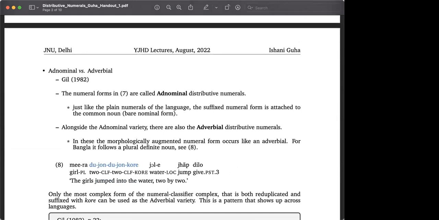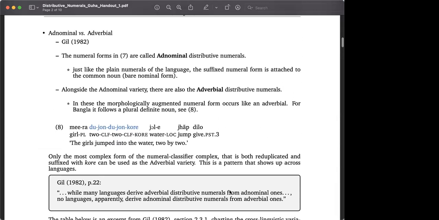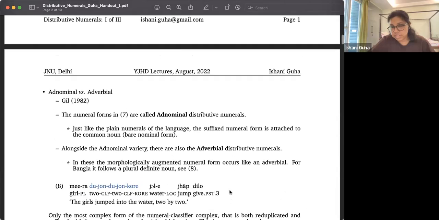But we cannot say এক একটা করে বই পড়েছে, can we? No, we can't. There is no kore with that.